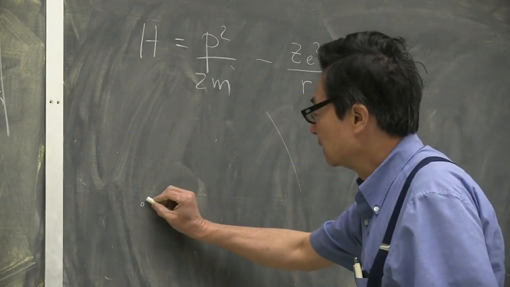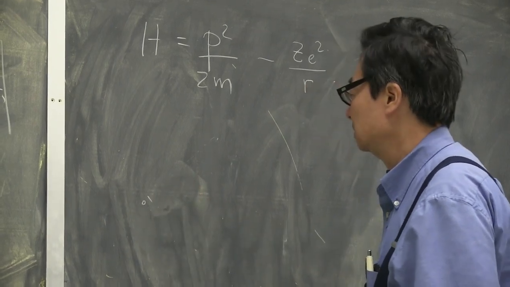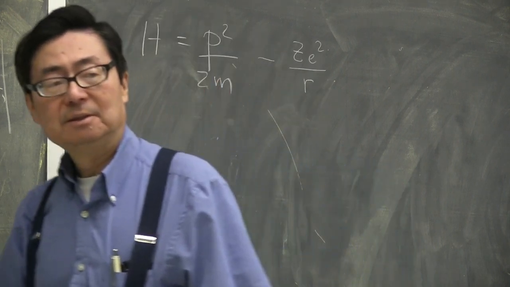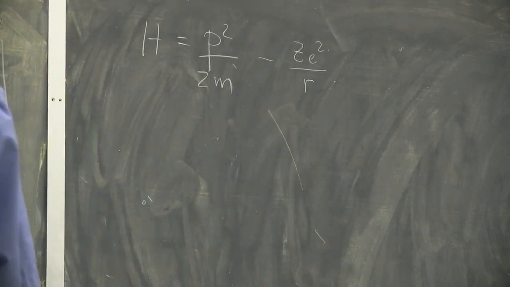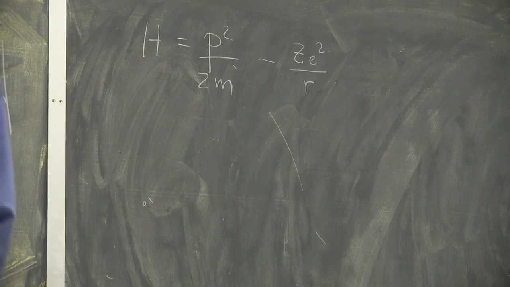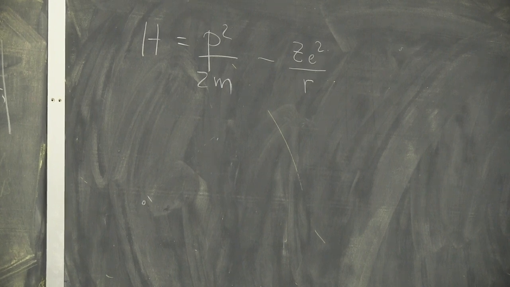The center of mass is going to be very close to the nucleus because the nucleus is much more massive than the electron. How much more? Almost 2,000 times more massive. So you can almost pretend that the center of mass is right at the nucleus itself. But if you really want to be accurate, you know where it is.